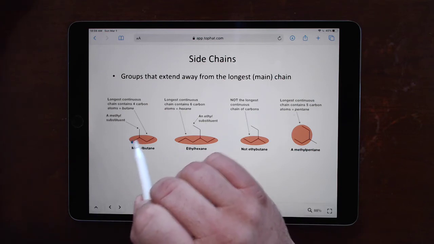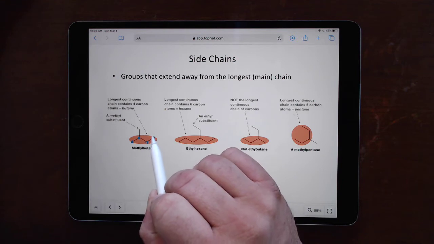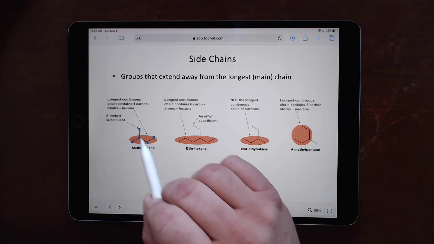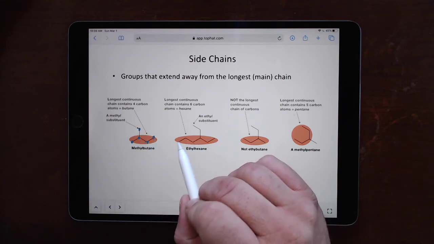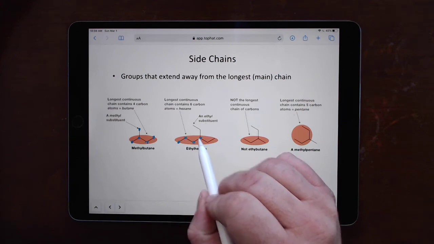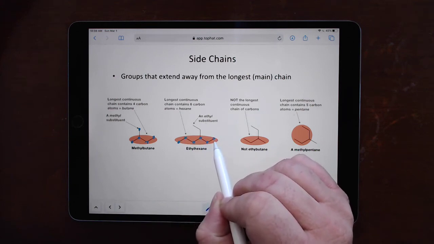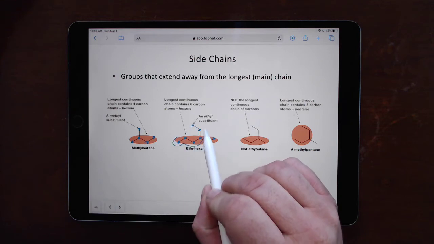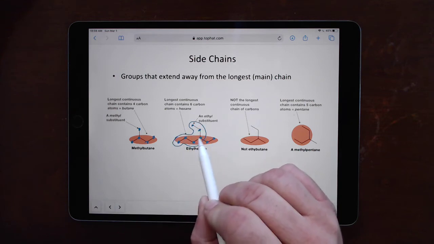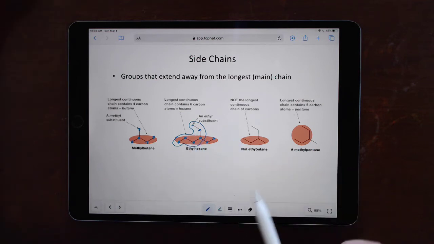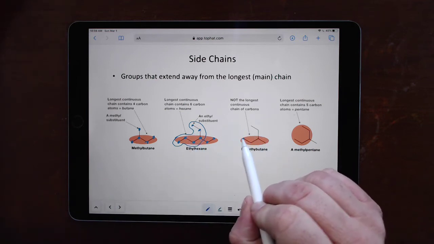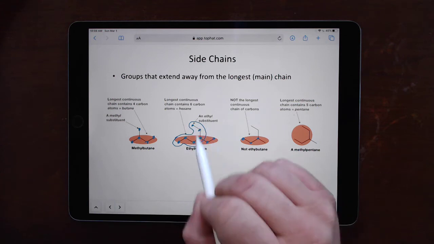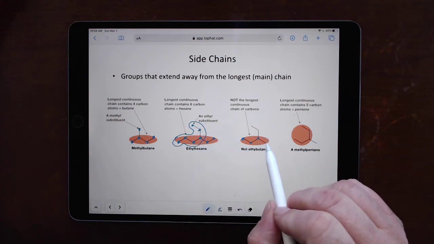So here are the carbons of the main chain: 1, 2, 3, 4. Here it's 1, 2, 3, 4, 5, 6. But you could also do these right there, that'd be fine, 1, 2, 3, 4, 5, 6. So you have to be careful, and we'll talk about when you do one or the other.